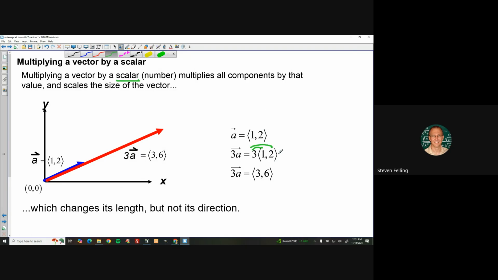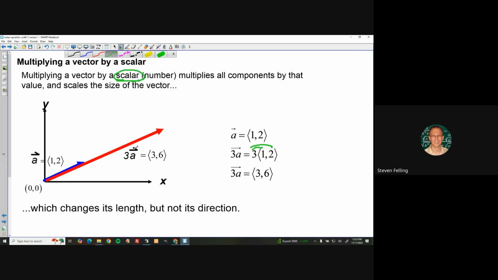Each of the components is individually tripled, giving 3, 6. It's the same direction, just 3 times as long. That's why this is referred to as a scalar, because it scales the length of the vector. It doesn't change the direction, but it scales the length.